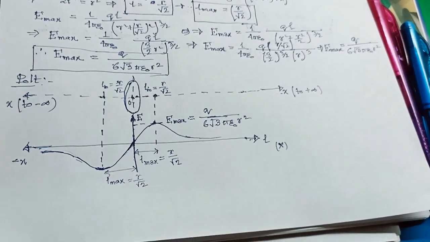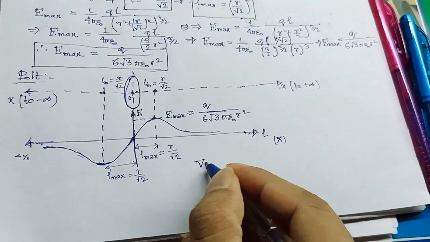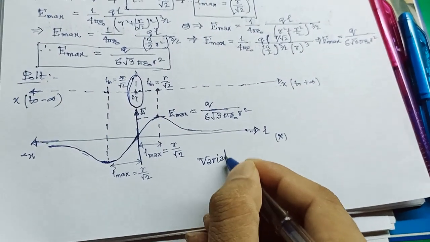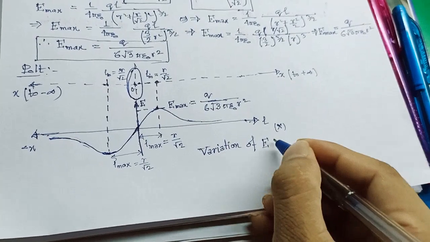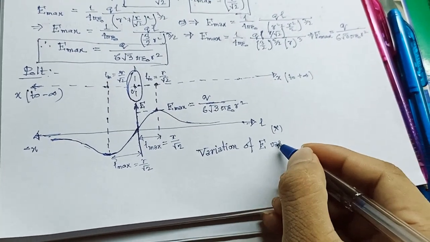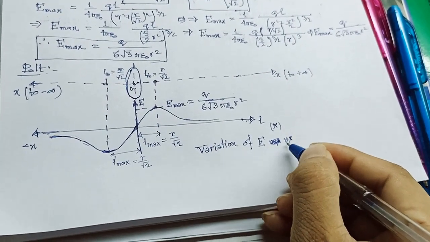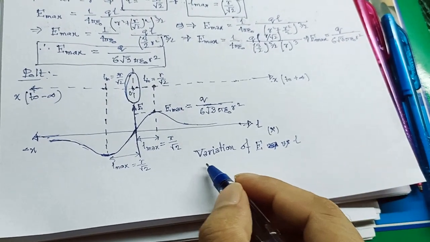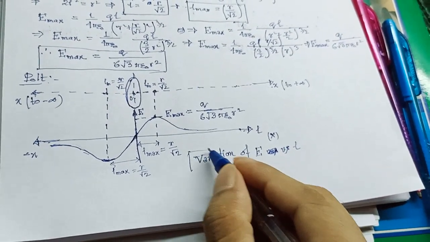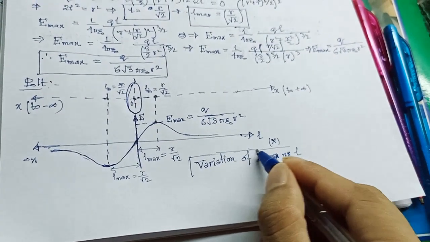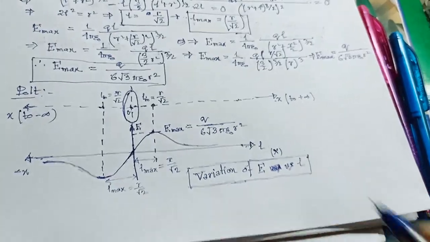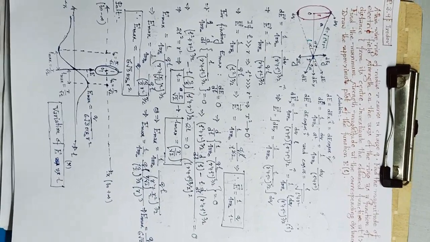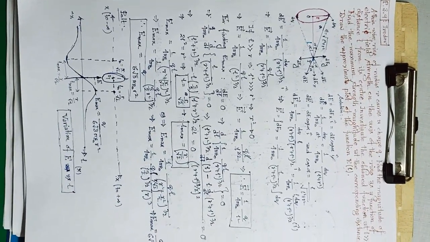This represents the variation of electric field E versus its distance L. So this is a complete solution of Irodov problem number 3.9 from electrodynamics.